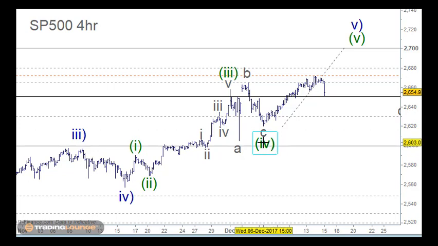And from wave 4, now we're looking for the last 5 wave structure to the upside. So it could be possible that we have a top in here already, but I think that there is one more wave to go. How far that will go, all it needs to do is take out this high here, but it may stretch up further as well.